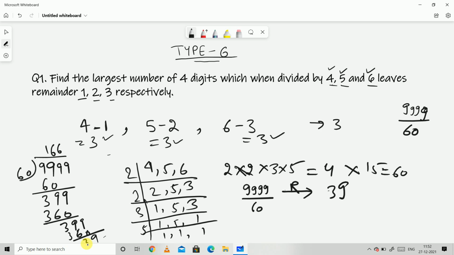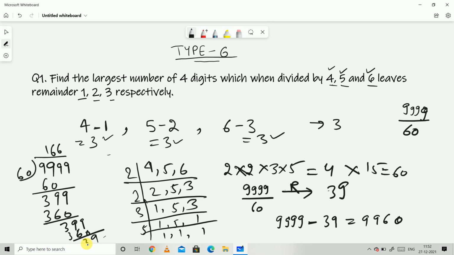Then from 9999 we subtract 39 and we get 9960.